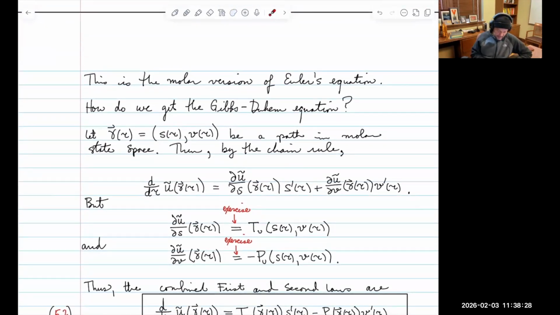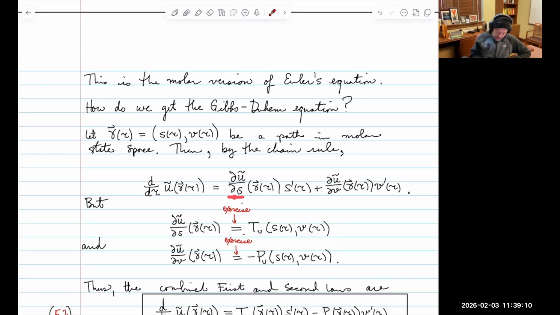So by the chain rule, after I substitute this in and take the process parameter derivative, the tau derivative, we get the derivative of u tilde with respect to its first variable times the derivative of that variable with respect to tau, plus the derivative of u tilde with respect to its second variable times the derivative of that variable with respect to tau. That gives us v prime.